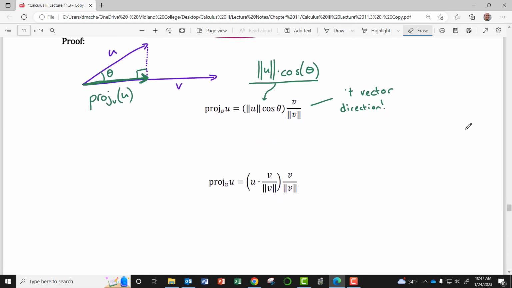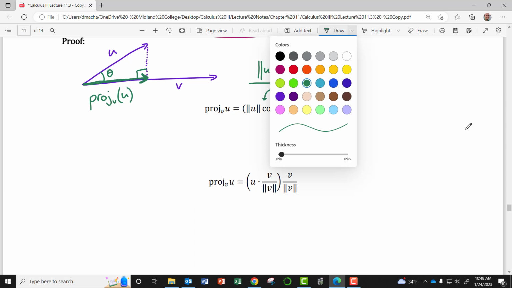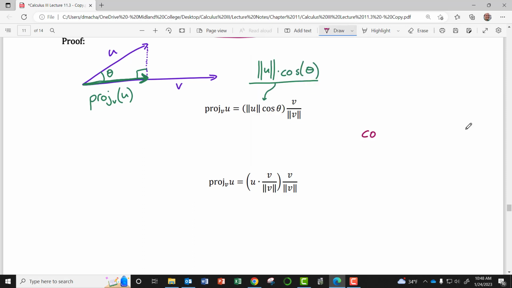Well, if we move on from this formula, what I can do is say that this, norm of u times cosine theta, there is a formula that we've talked about just in this video where I said that cosine theta is equal to u dot v over norm of u, norm of v.